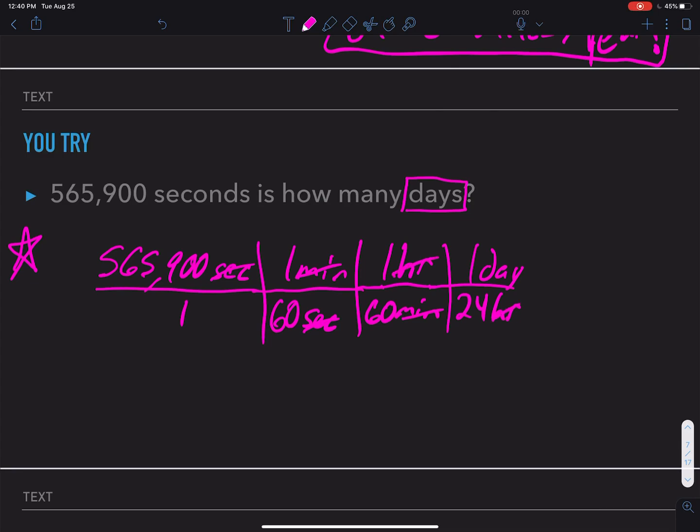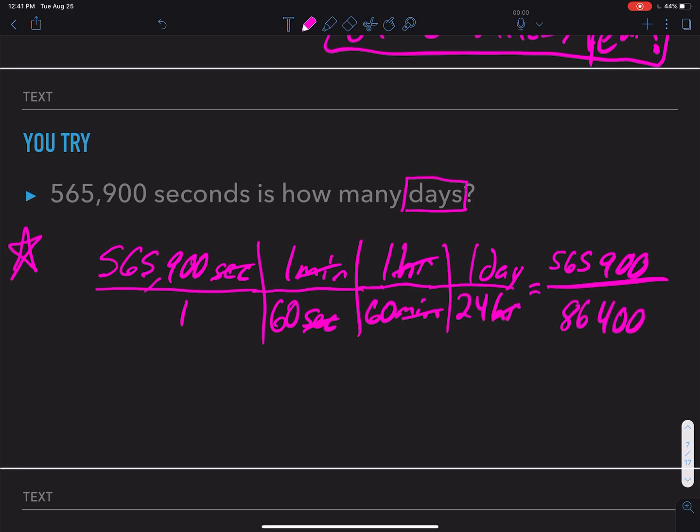Okay, so now that we have days in the numerator, we are ready to work this out. So 565,900 times 1 times 1 times 1, 565,900, divided by 1 times 60 is 60, times 60 is 3,600. 3,600 times 24 using our calculator is 86,400.